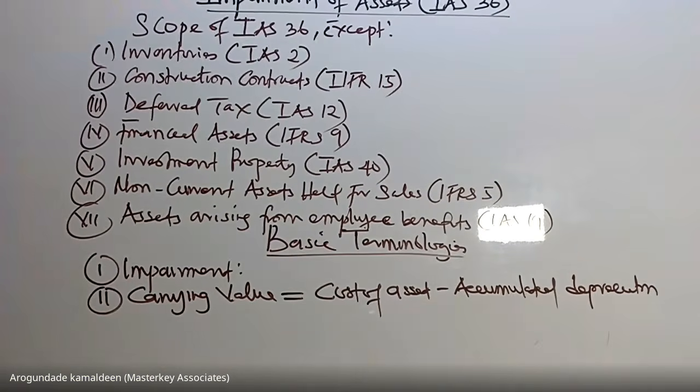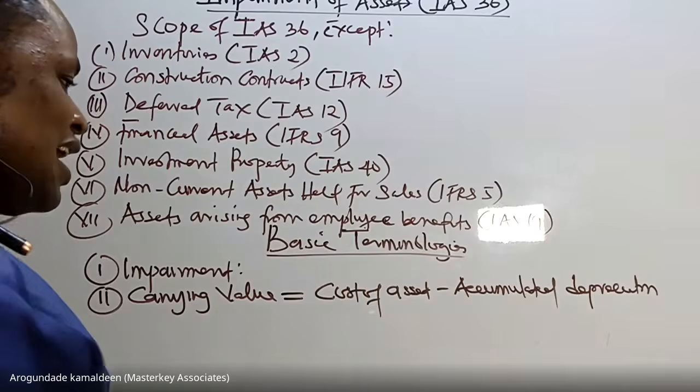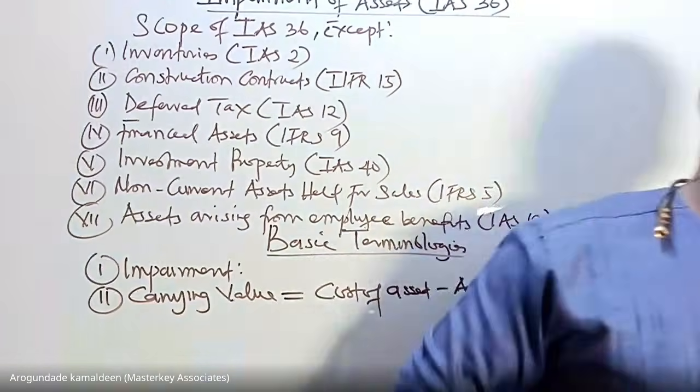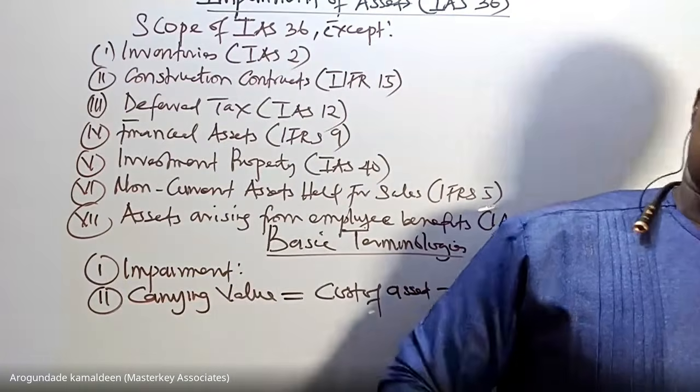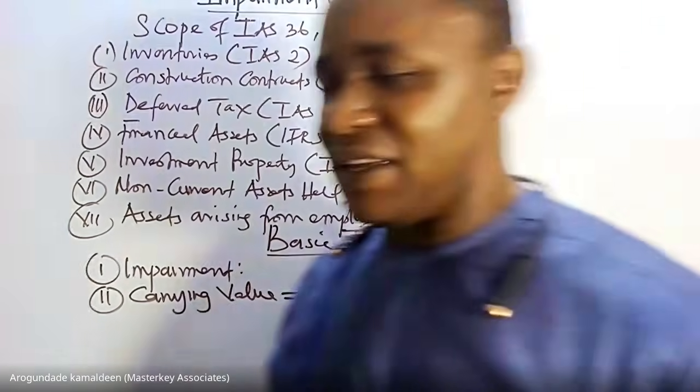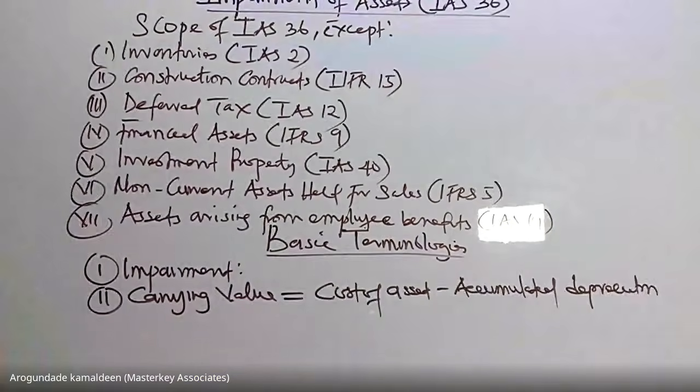Is that clear? So that is the carrying value. The cost of the asset, minus the total depreciation you have charged up to date and the impairment, if there is any impairment.